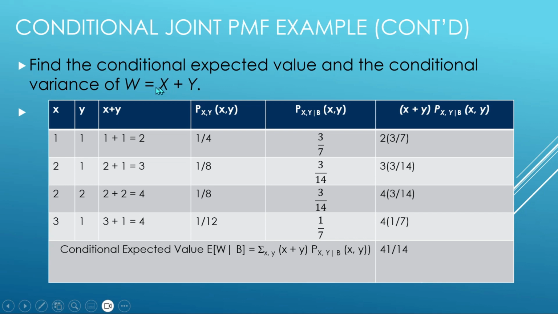Now we find the conditional variance, W is equal to x plus y. So first we find the expected value and then we calculate the conditional variance.